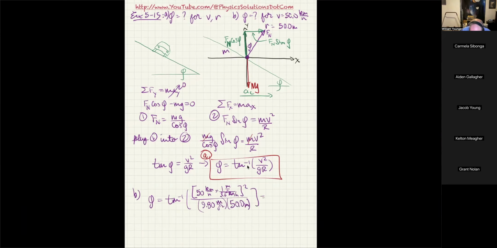With this in mind, I get 50 divided by 3.6, and that gives me 13.89 meters per second.